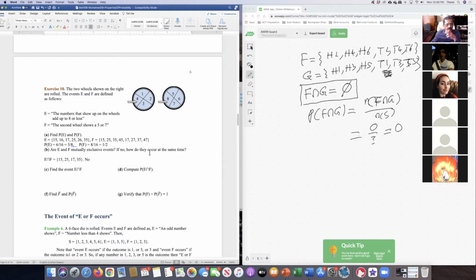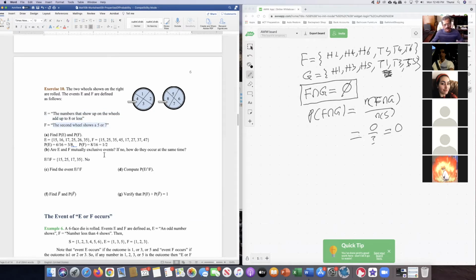So then it says, how do they occur at the same time? Well, the actual outcome is only one pair of numbers, right? If the pair of numbers is one of these, then both events happen. If it is one of those, then the numbers add up to 8 or less is true, and also the second wheel shows 5 or 7 is true.